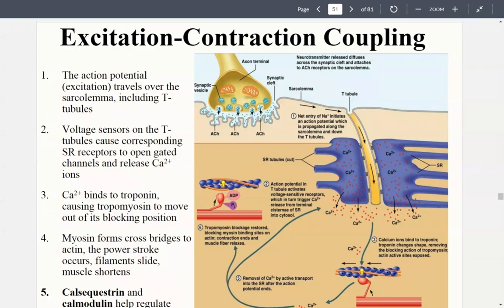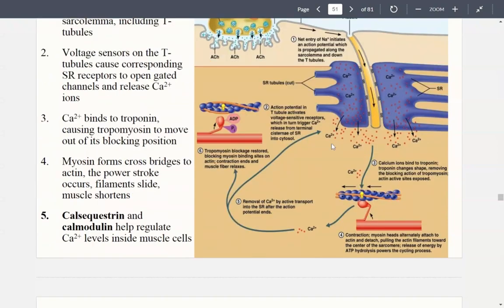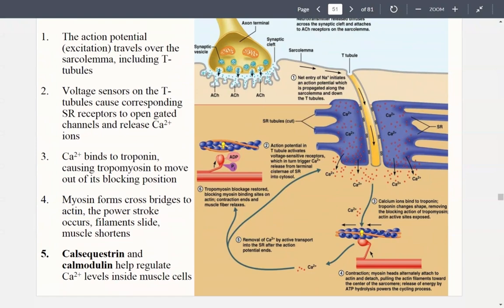The troponin is going to cause the tropomyosin to shift, exposing the myosin binding sites, and myosin is going to bind, and we're going to get the cross-bridge cycling. This is going to cause the thin and thick filaments to move over each other, causing the muscle to shorten. Now, regulating the level of calcium inside the muscle cells is going to be up to two compounds, calsequestrin and calmodulin.